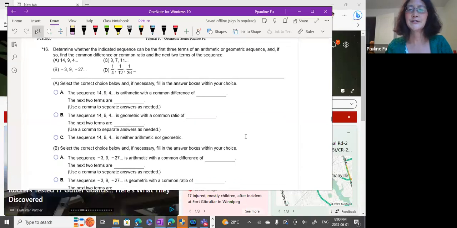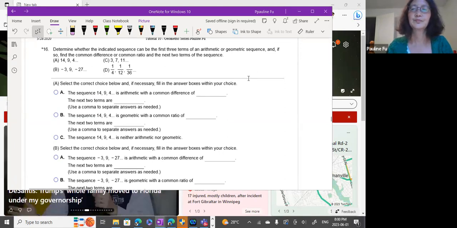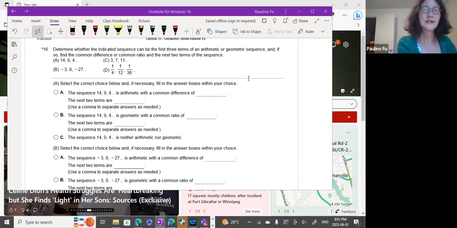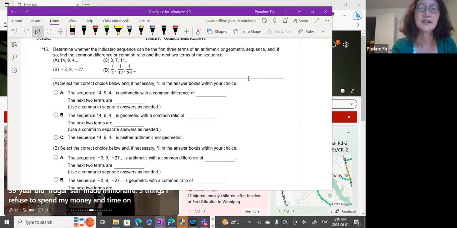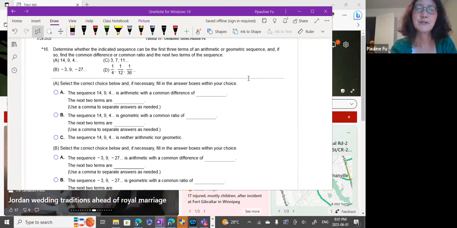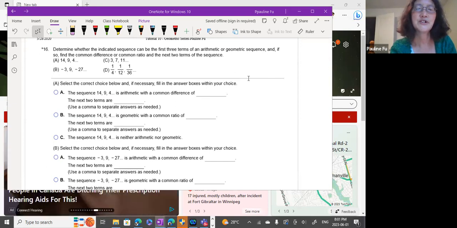So question 16. Determine whether the sequence can be the first three terms of an arithmetic or geometric sequence, and if so, find the common difference or common ratio and the next two terms of the sequence.